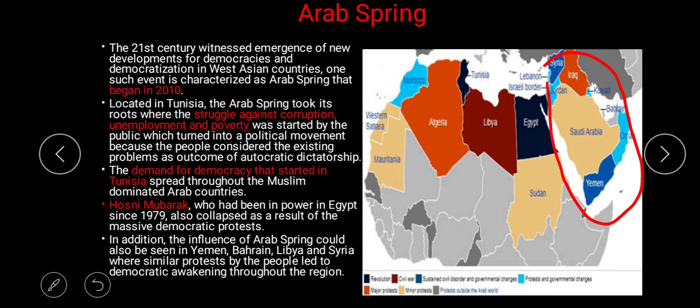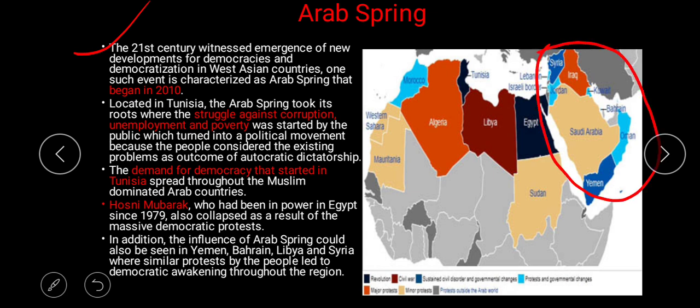Now let us discuss these things point wise, one by one. The first point says the 21st century witnessed the emergence of new developments for democracies and democratization in West Asian countries. West Asian countries are also called the Middle East.